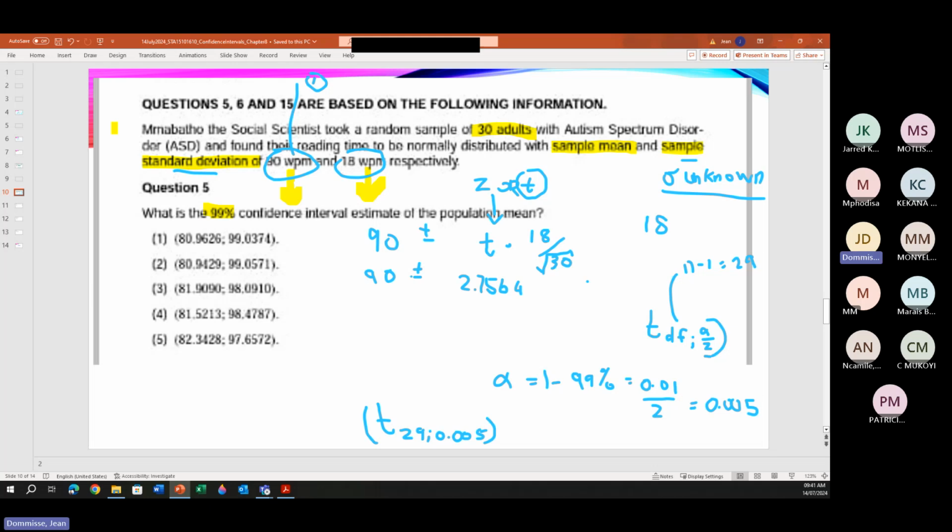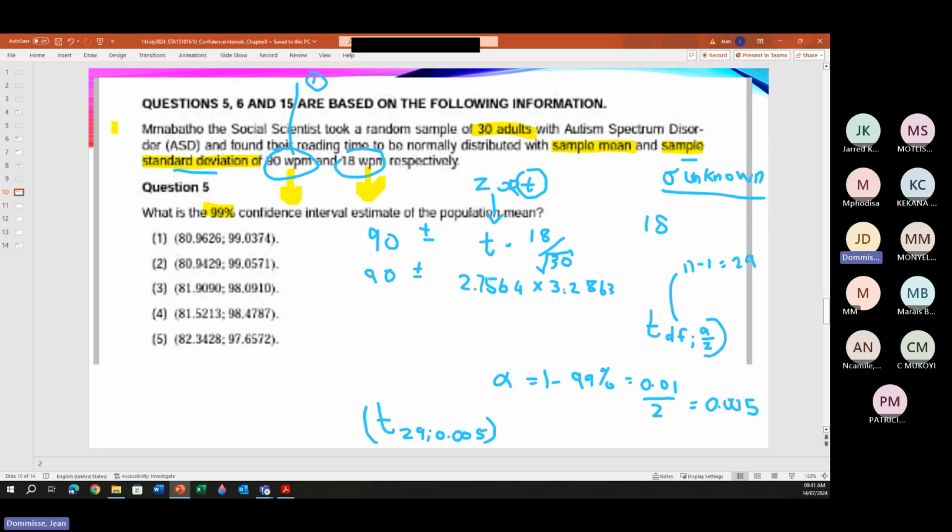And let's just check 18 divided by the square root of 30. So if I'm all right, that is 3,2863.